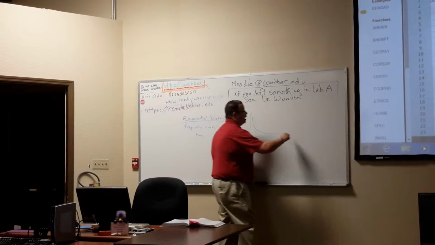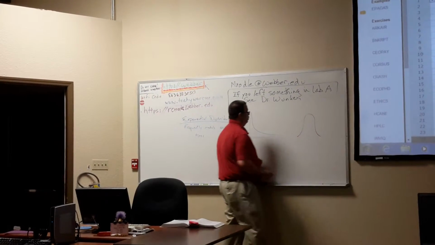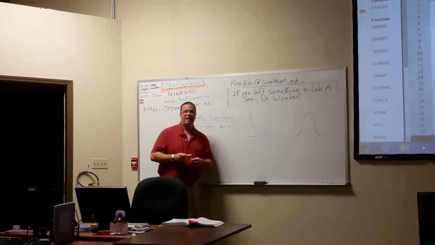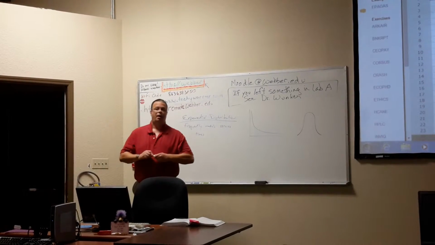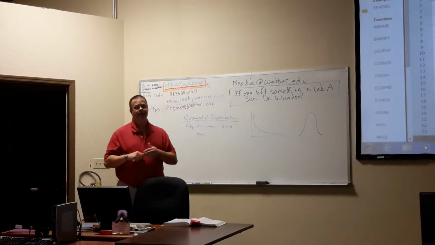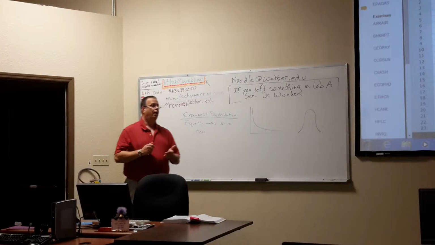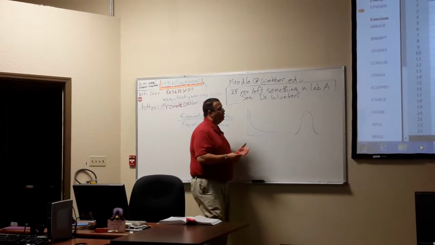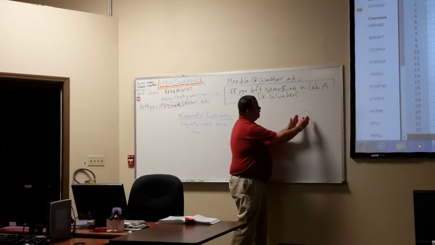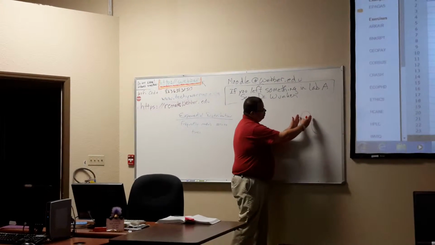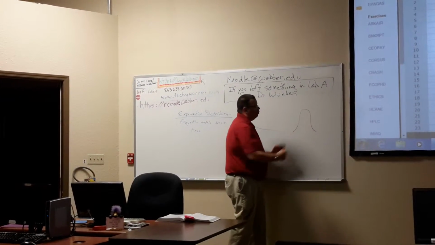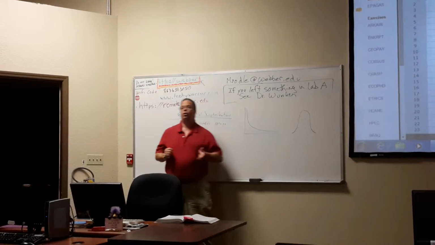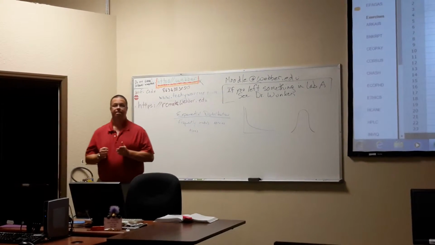The exponential distribution looks like this. It doesn't look like our bell-shaped curve. It looks kind of like the bottom half of a C. And in many ways, it's kind of the exact opposite of a normal distribution. Because with our normal distribution, we saw that the vast majority of our observations are going to fall right in the middle, very closely bunched around that mean.